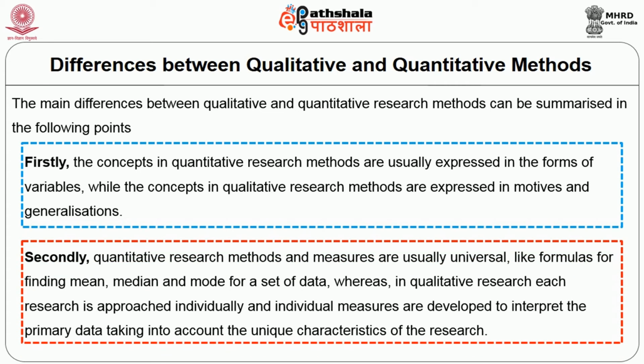Secondly, the quantitative research methods and measures are usually universal, like formulas for finding mean, median, and mode for a set of data, whereas in qualitative research, each research is approached individually and individual measures are developed to interpret the primary data, taking into account the unique characteristics of the research.